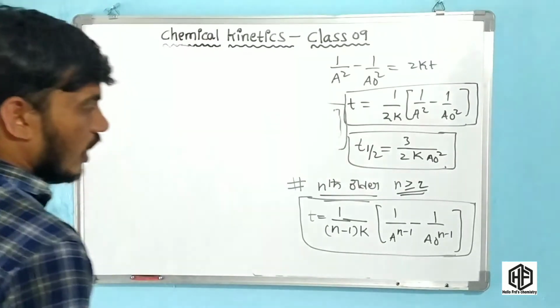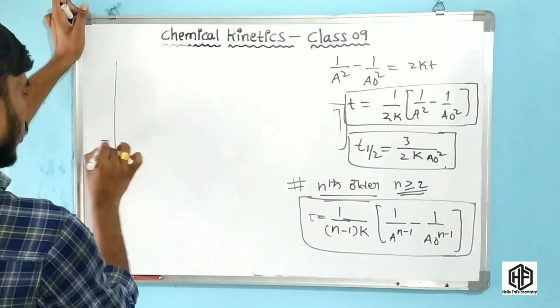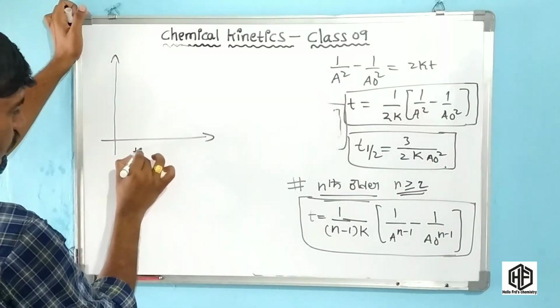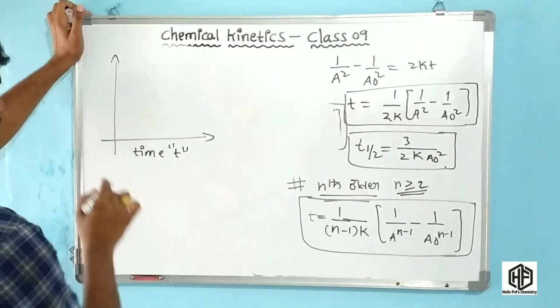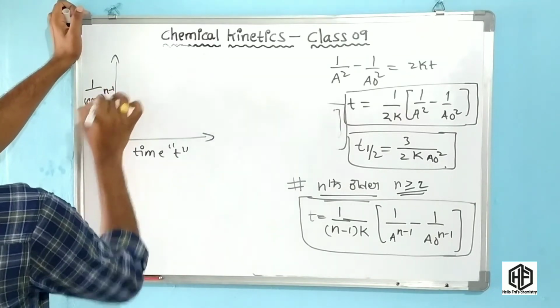Now first of all, I am going to talk about the graph representation of this nth order. This is the graph of time T versus 1 by concentration power n minus 1.